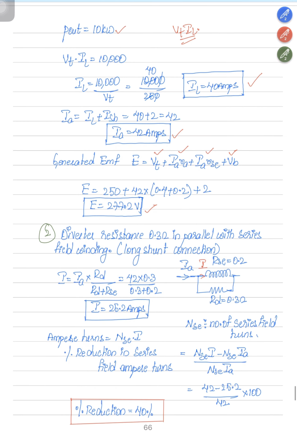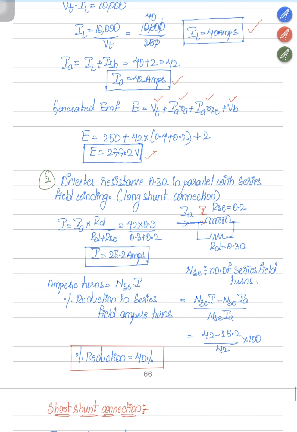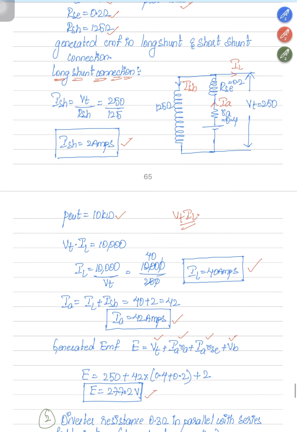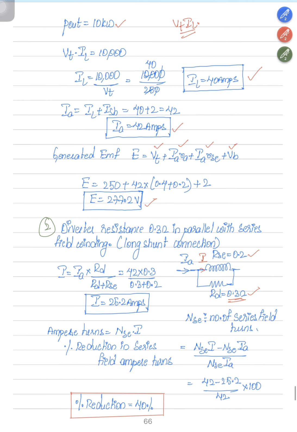Now they are asking what is the reduction in series field winding turns if a diverter resistance of 0.3 ohm is connected in parallel to the series field winding. This is the series field winding, and we add a diverter resistance of 0.3 ohm. Here, in the long shunt connection, the series field current will be the armature current. Now, by placing a diverter, some current will flow through this diverter and the remaining current will flow through the series field resistance.